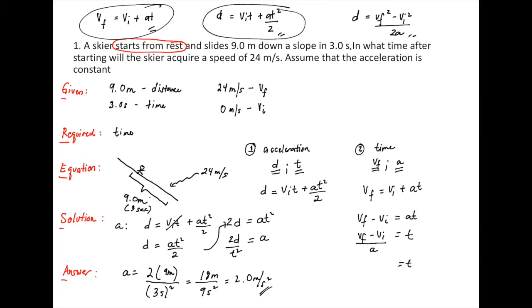The Vf is 24 meters per second minus 0 meters per second divided by 2 meters per second squared. And then therefore 24 divided by 2, that is 12 seconds. And that is the required time.